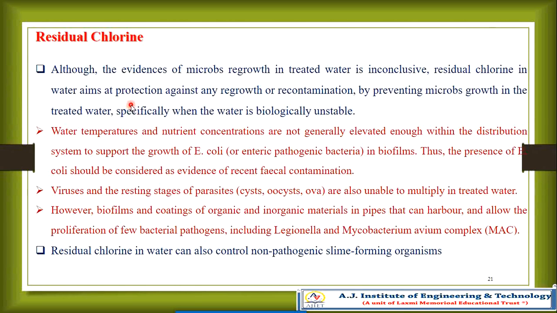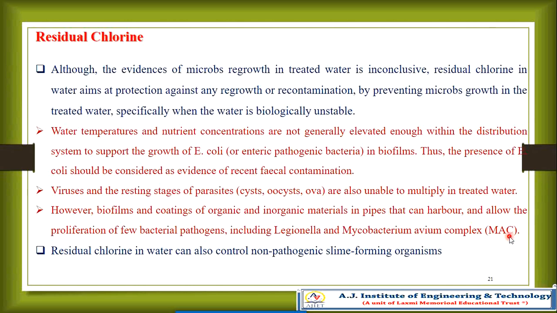You may sometimes feel the smell in the municipal water supply. That is also one of the important factors of the residual.